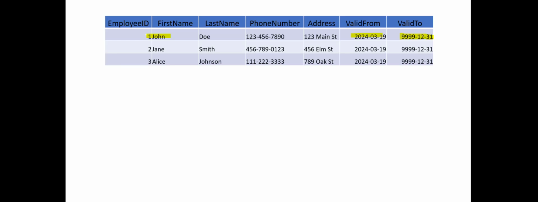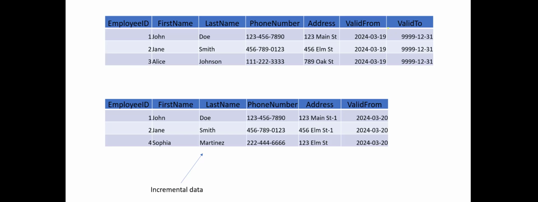That means this is the current record. Whenever we have any changes, we'll make changes on valid from and valid to. Let's see how it works, and how in SCD type 2 we represent the records. Now let's think that this is delta incremental data that is coming up. We have some changes for employee 1.